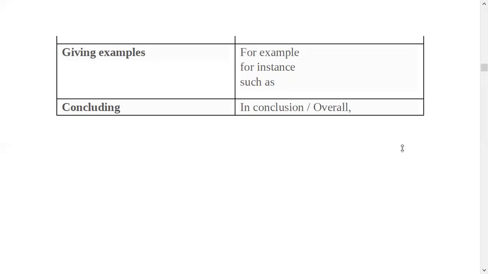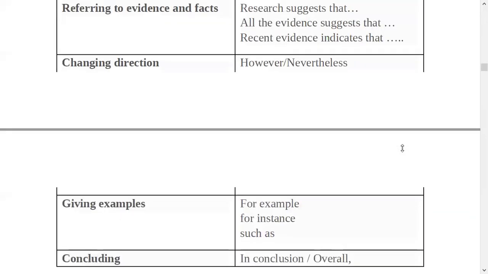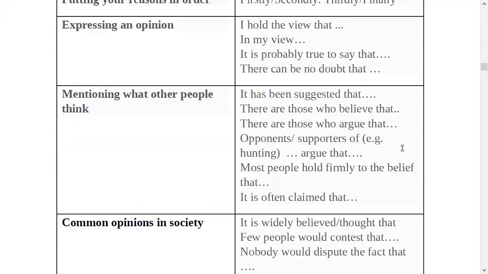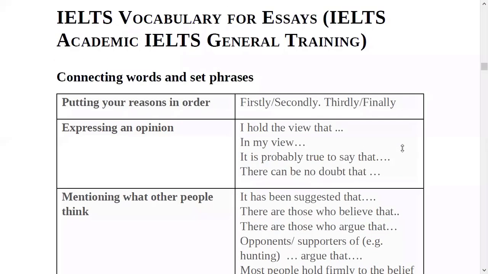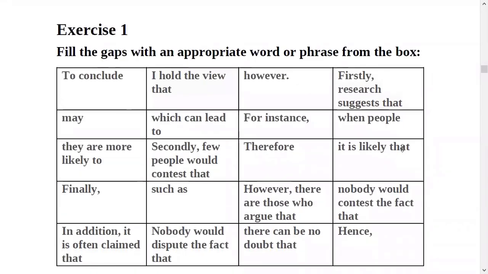And when you want to conclude, you can say in conclusion, overall, to sum up, or to conclude. There are many other phrases also. These are just samples, some examples that you can keep in mind for your own essays. Now let's look at an essay and see how these are used.